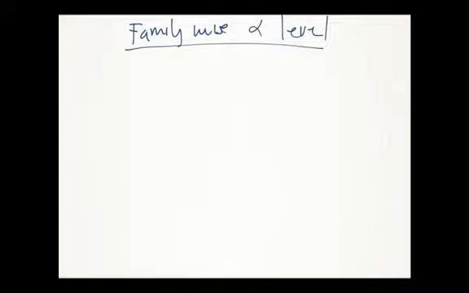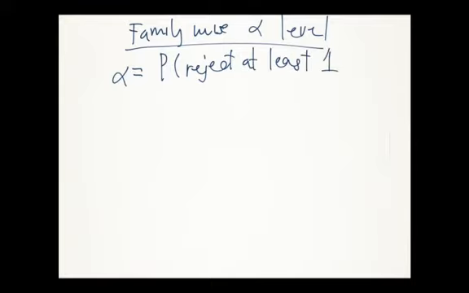So this would look something like this. The alpha would be the probability that we reject at least one t-test given that the null is true. This is the family-wise error.